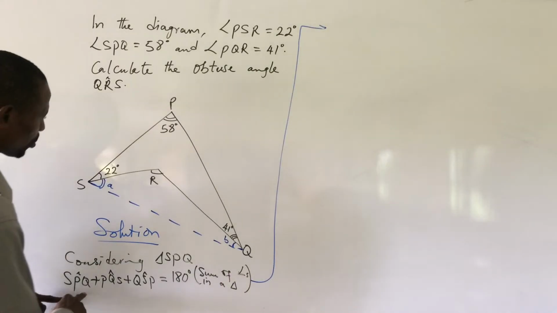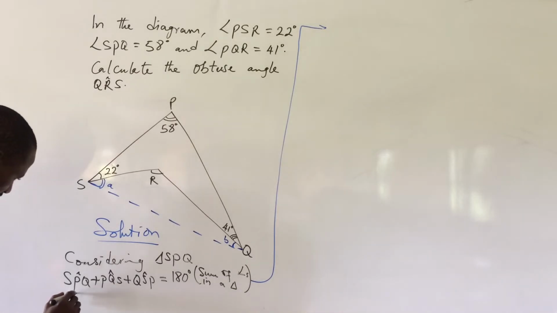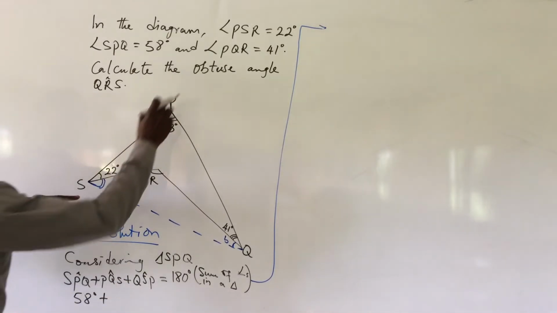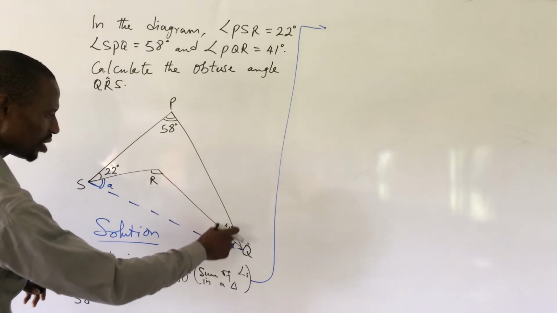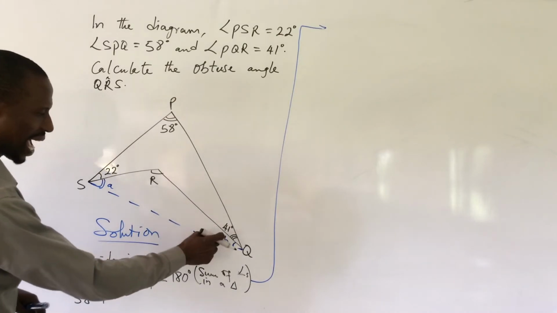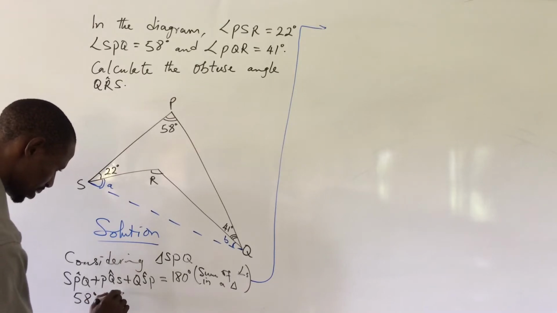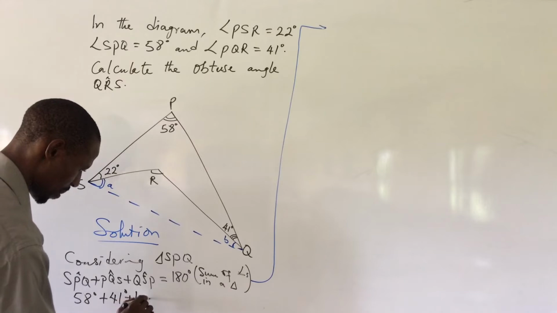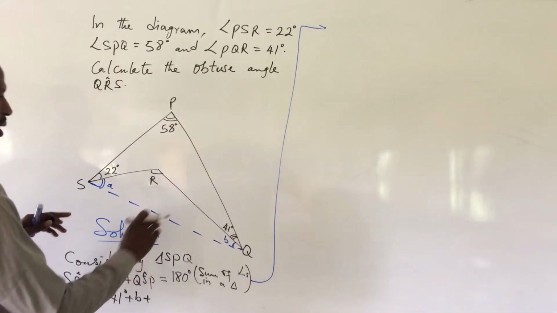What is XPQ? XPQ is 58. So we have here 58 degrees plus PQX. PQX is made up of 41 and B. So this will now give us 41 degrees plus B. Then plus QXP.